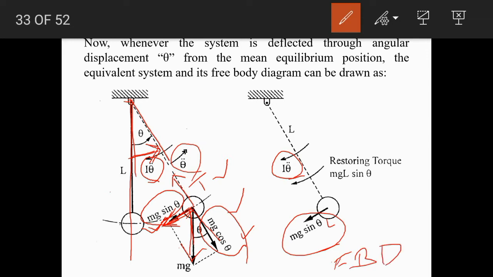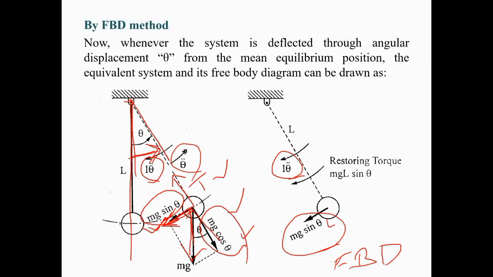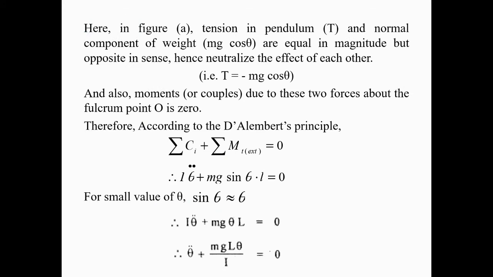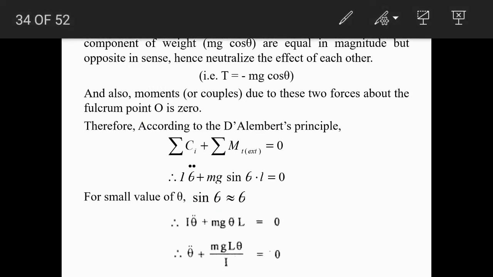Now from the FBD we can apply D'Alembert's principle, that is, the summation of inertia couple plus all the external torques should be 0. So by applying D'Alembert's principle, the inertia torque plus external torque equals 0. For a small value of theta, sin theta can be approximately written as theta.